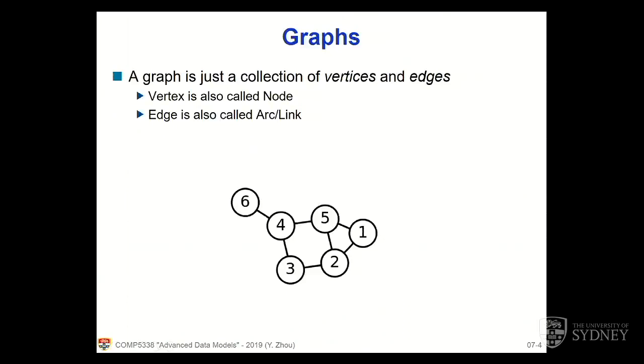Okay, so here we're going to give a very brief overview of graph as a data structure that you might have already learned in any data structure unit or basic programming unit. This is a very abstract view of a graph. It's just a collection of vertices and edges, right? And it's something like this.